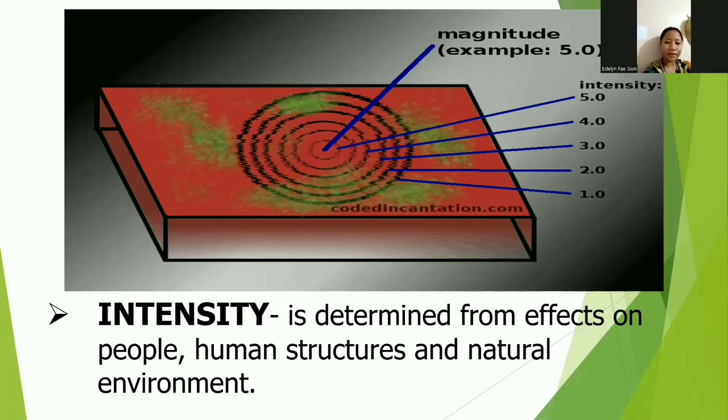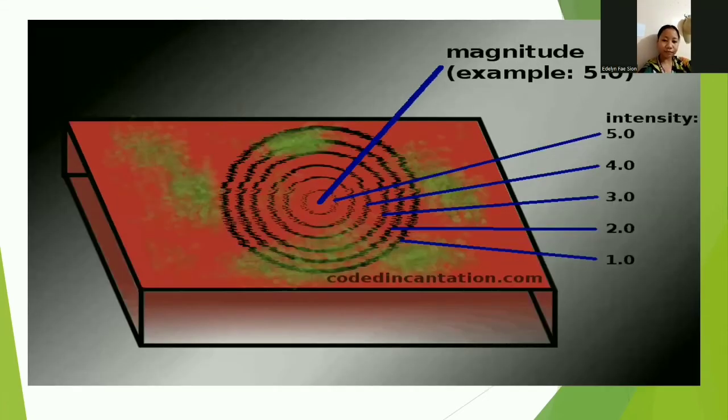Intensity is determined from effects on people, human structures, and the natural environment. Again, class, what is intensity? It is the extent of damage on people, structures, and environment caused by an earthquake. Class, did you understand what intensity is?